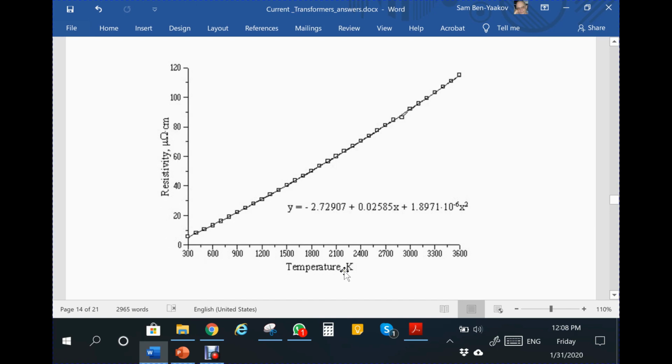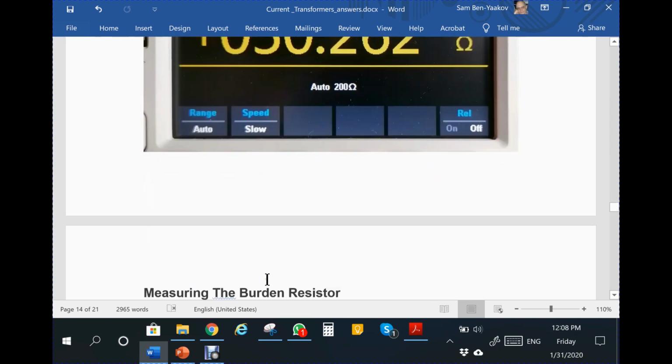This is in Kelvin. So when it is cold, here it is. Now obviously, when current is passing through the heating element, it's getting hot, it's moving up to a higher temperature. And as you can see, as the temperature goes up, the resistivity goes up, and therefore the resistance will go up.